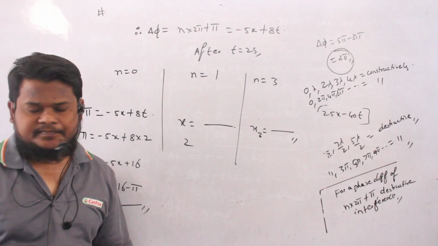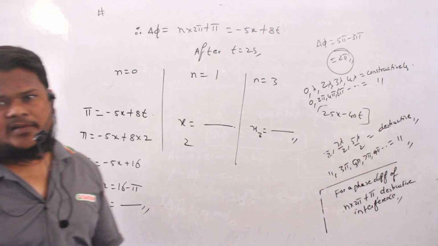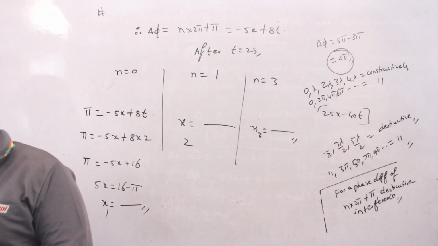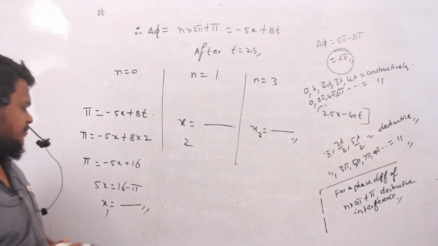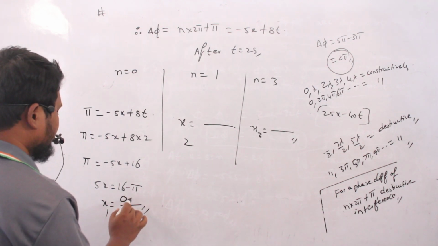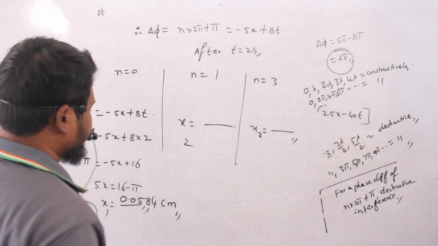Okay? So similarly you can calculate for n equal to 1 and n equal to 3. So let us see what answer he gave. Here all the quantities are known quantities, no? So therefore I will get the x1 value to be equal to 0.0584 centimeter.